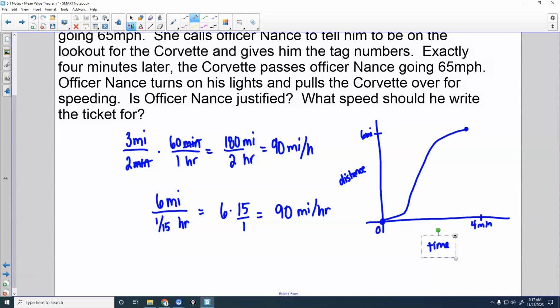It also must be differentiable. Now, what we know about driving a car, you can slam on your brakes really hard, right? And you will stop really fast, but it still would not be instantaneous. You're not going to have a sharp turn. You cannot go from 20 miles an hour to 30 miles an hour in a moment's notice.